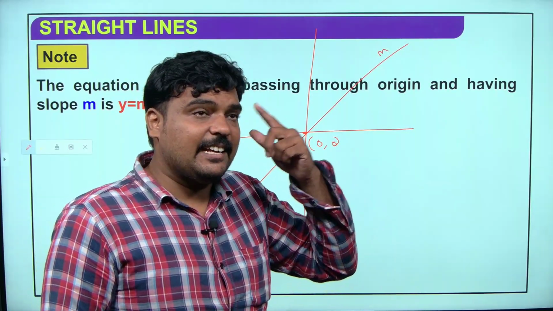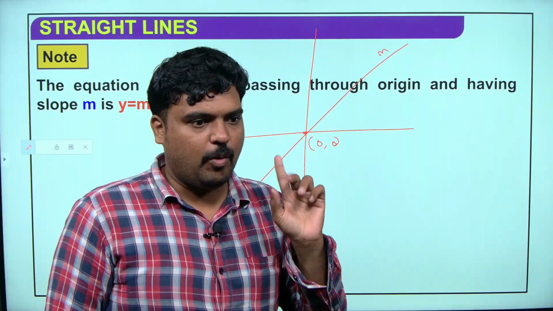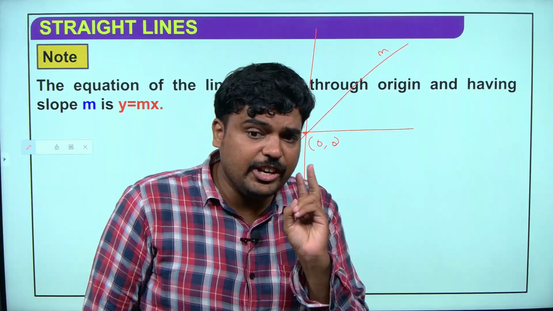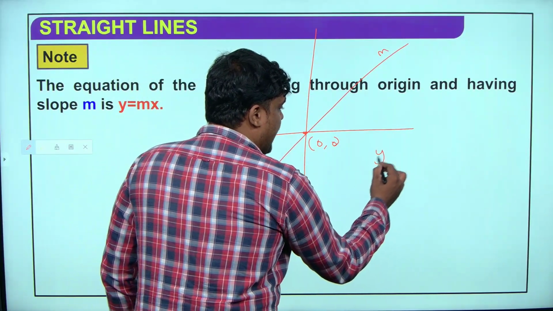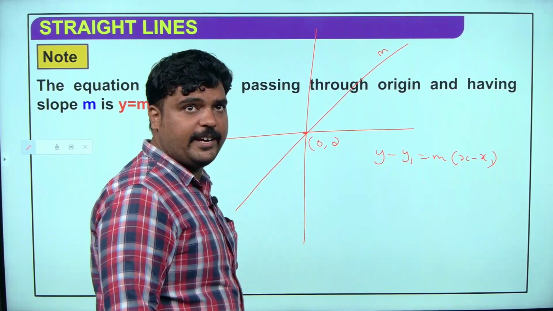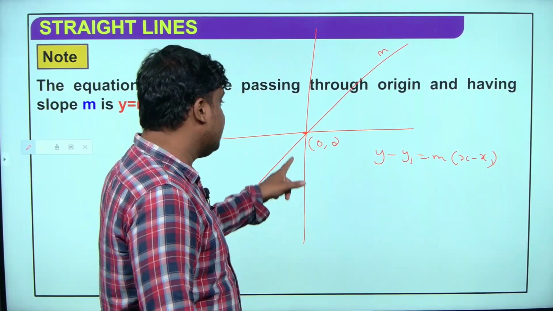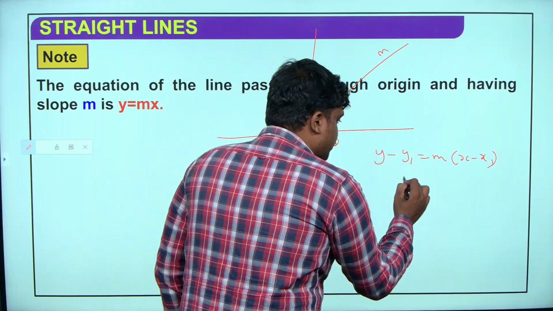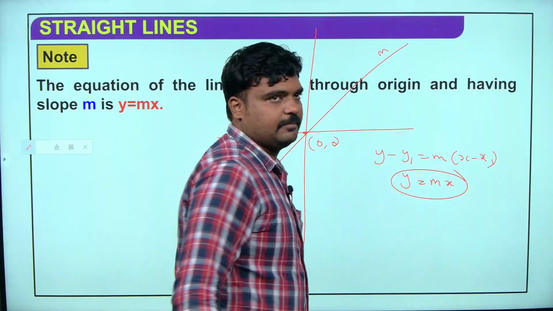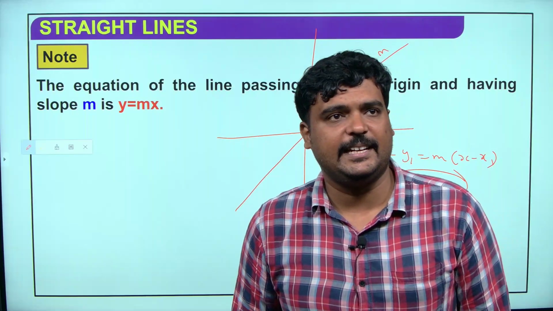Now think of it as one slope and one point given, where the slope is m and the point is (0, 0). The formula y minus y1 is equal to m into (x minus x1) is for one slope and one point. Since the point is the origin, x1 and y1 are 0 and the slope is m. So this becomes 0 and this becomes 0, and it just becomes y equal to mx.